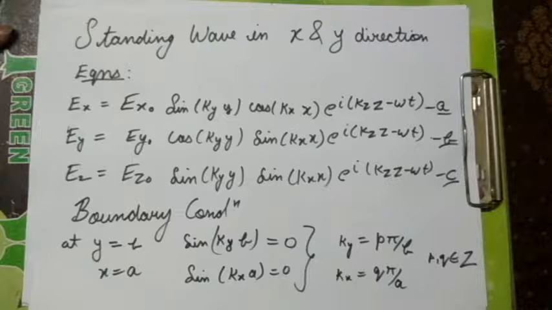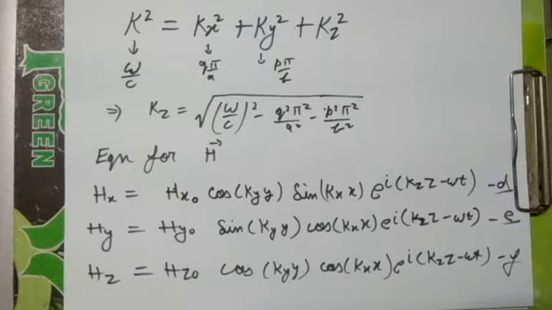We get sin kyb equal to 0 and sin kxa equal to 0, which implies ky can be p pi by b or kx can be q pi by a, where p and q are both integers. We also know that k square is equal to kx square plus ky square plus kz square. Kx can be put as q pi by a and ky can be put as p pi by b. We find that kz can be written as under root of (omega by c) square minus q square pi square by a square minus p square pi square by b square.